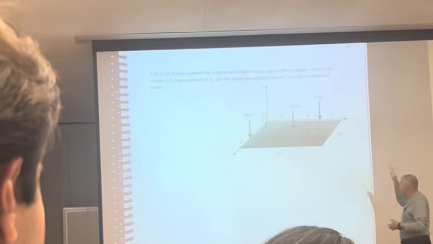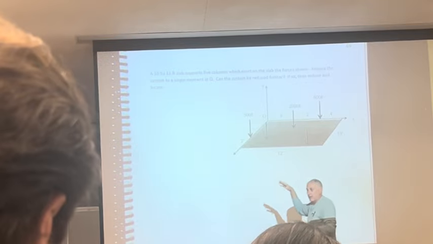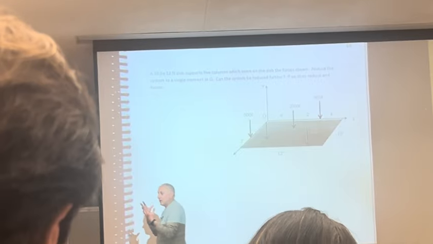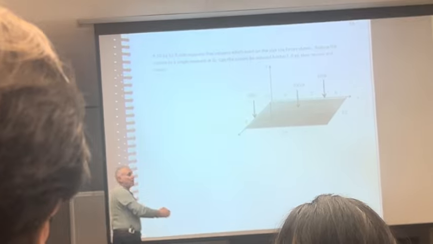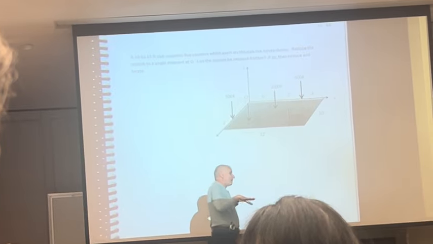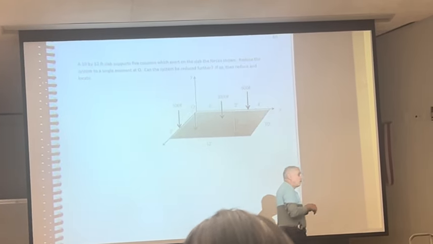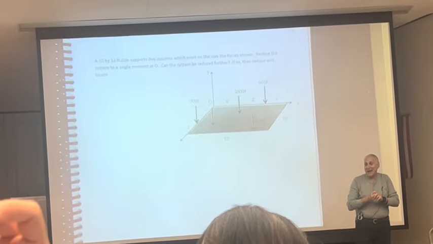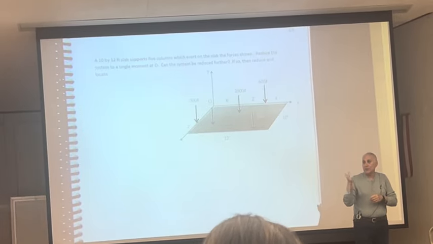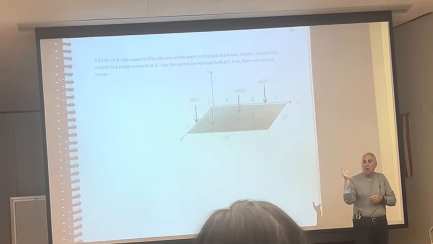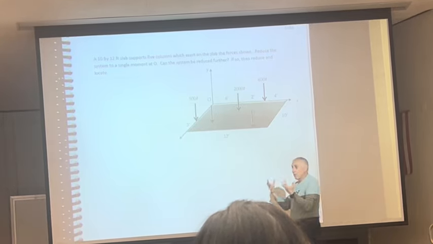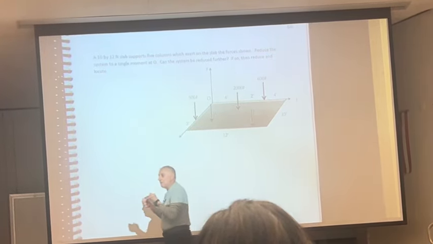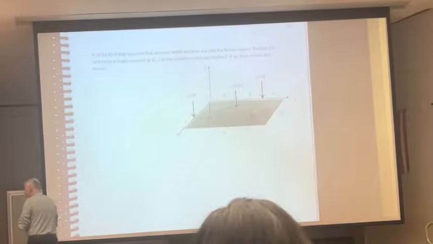Right now it looks like force 1, force 2, force 3, etc. But physically, in the real world, this could be a bunch of columns that are stationed on a concrete slab. And the question now is, what is the resultant force and moment on that slab? What is the force resultant and moment resultant on this slab?